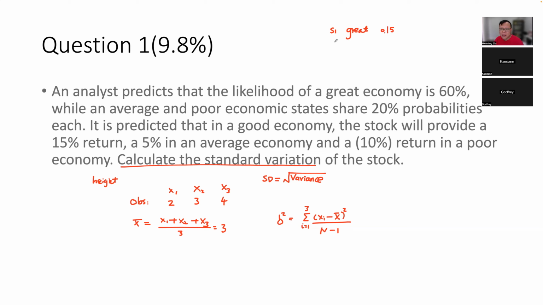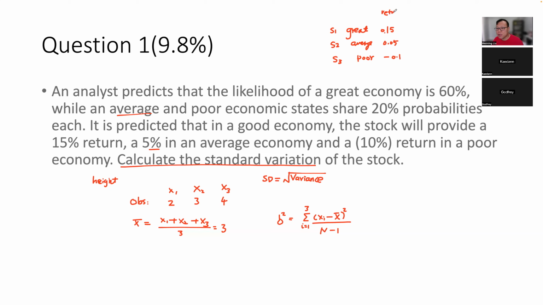If state two is average, if it's average, your return will be 5%, 0.05. State three is a poor economy. If the economy is poor, you're going to have a negative 10%, losing money, negative 0.1. Okay, so this is the return.